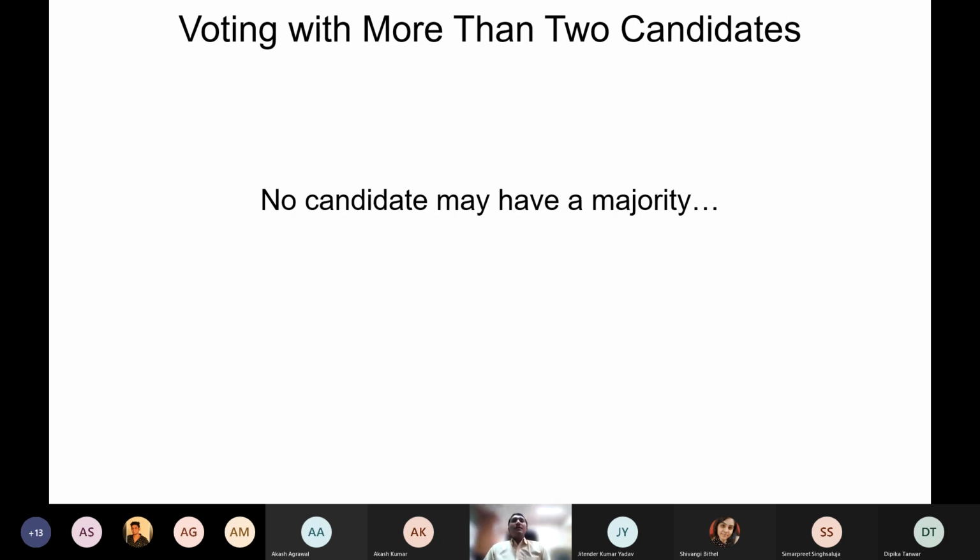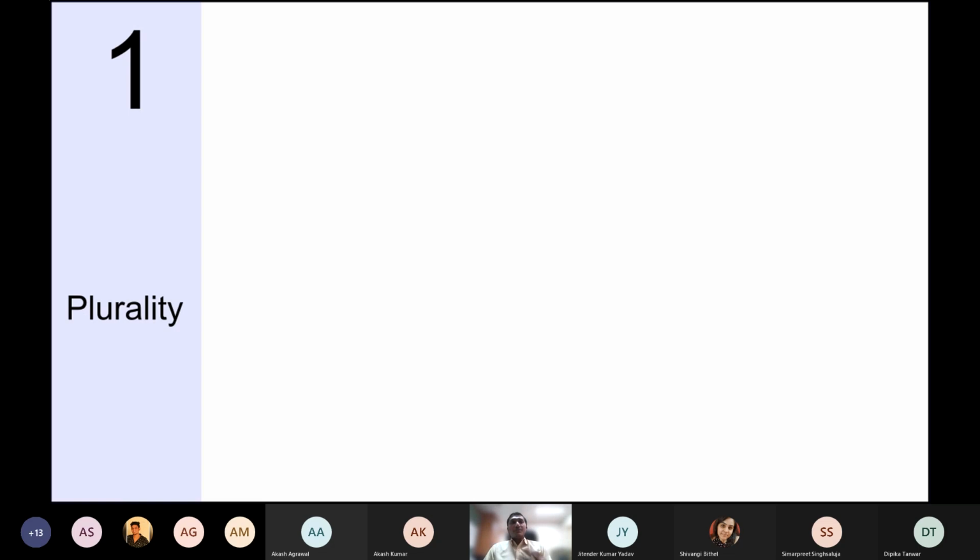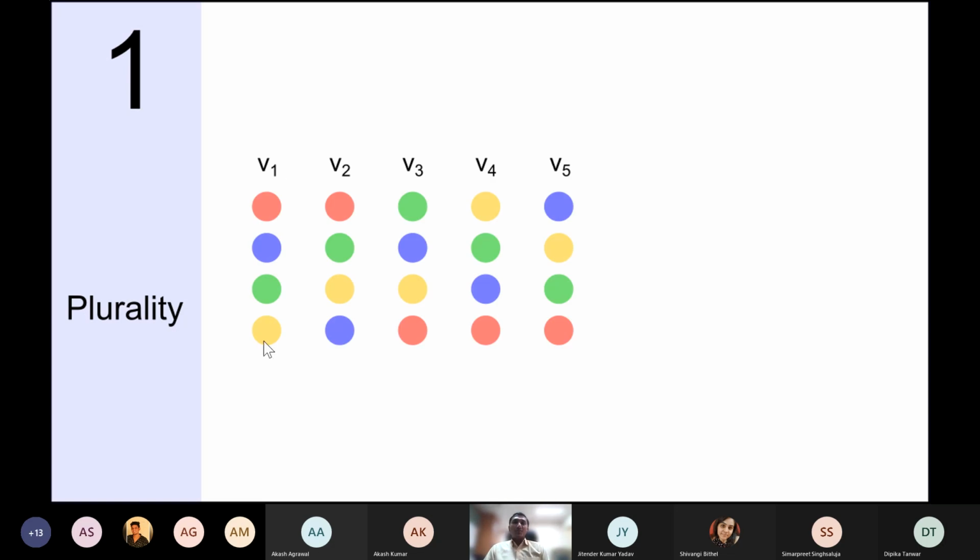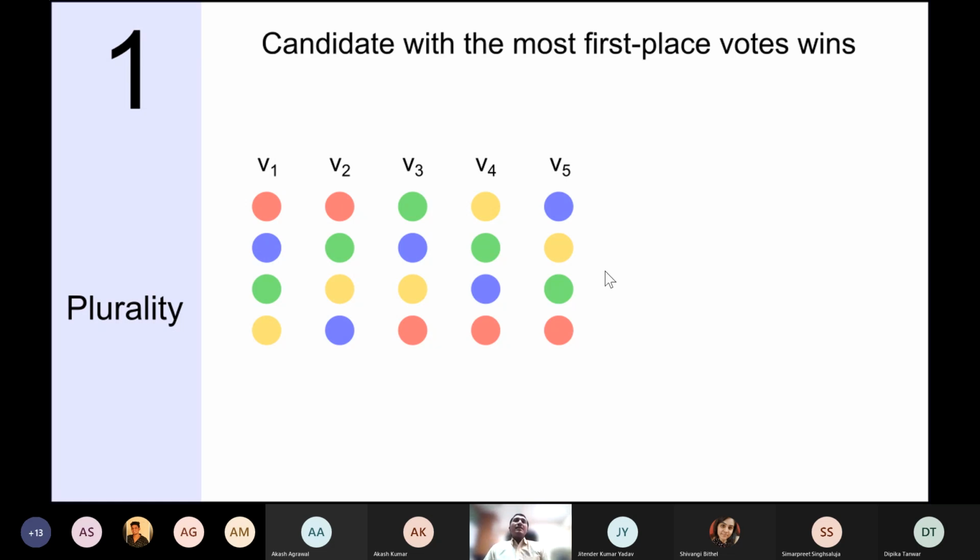One very popular suggestion is called the plurality voting rule. The way it works is as follows. As an input, we are given a preference profile, for example, the one shown here. Plurality says the candidate who features in the first place the most number of times should win the election.